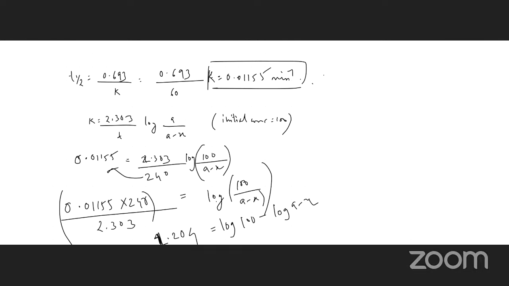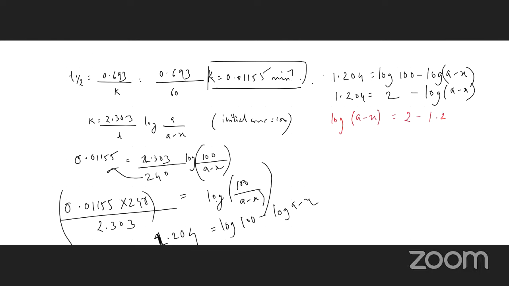So 1.204 is equal to log of 100 minus log of A minus X. Whenever we divide, log of 100 by A minus X, it will be a subtraction. So 1.204 is equal to 2 minus log of A minus X. So log of A minus X is equal to 2 minus 1.204.